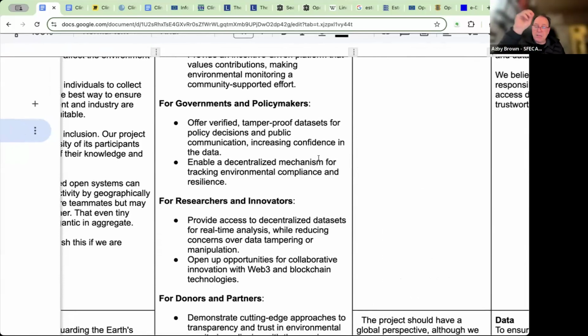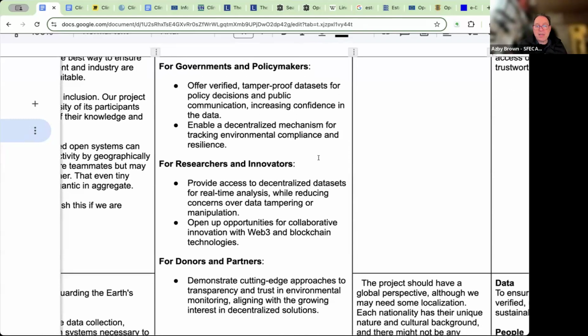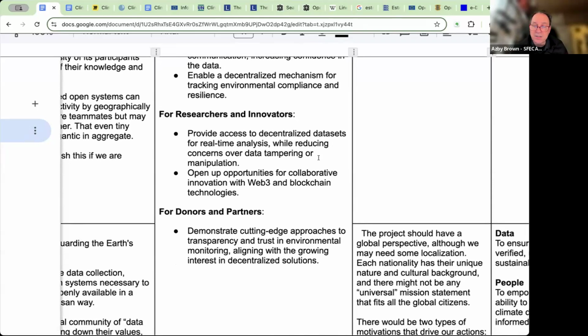so he's actually, I like that he's putting in these roles, right? For governments and policymakers, offer verified tamper-proof data sets for policy decisions and public communication, increasing confidence in the data, enable a centralized mechanism for tracking environmental compliance and resilience. For researchers and innovators, provide access to decentralized data sets for real-time analysis while reducing concerns over data tampering or manipulation, open up opportunities for collaborative innovation with Web3 and blockchain technologies.